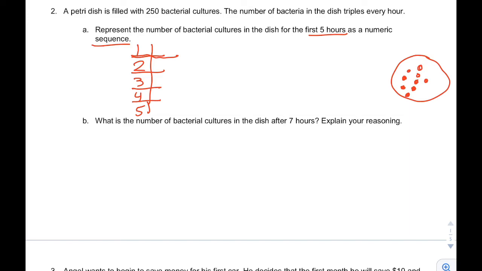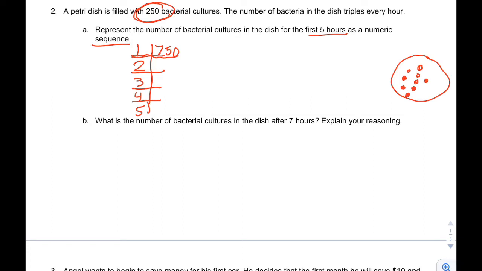Because again, this is one where I think many students would make the mistake of putting this 250 in that first spot. Well, we started out with 250 bacteria, but after the first hour, it tripled. So what is that 250 times 3? That's going to be 750.